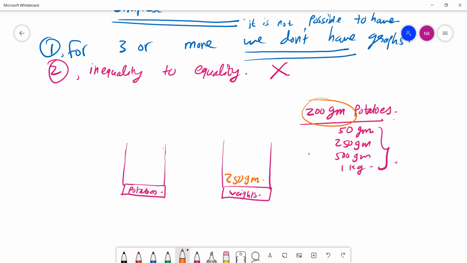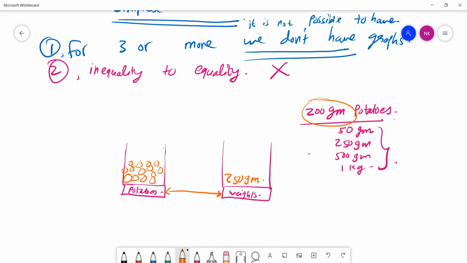He says, I will be placing over here the 250-gram weight, and I will be placing over here some of the potatoes, a few of the potatoes. Now, if both of these are in the equilibrium position, then they will be at the same level. If these potatoes are of 250 grams, then both pens will be at the same level.